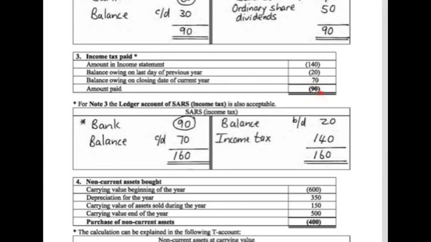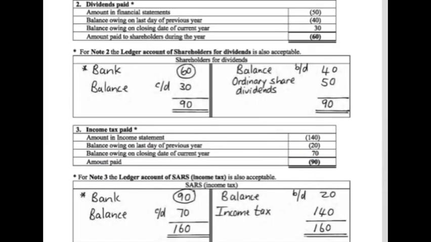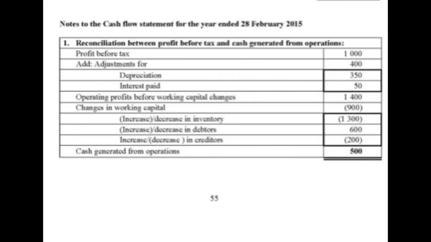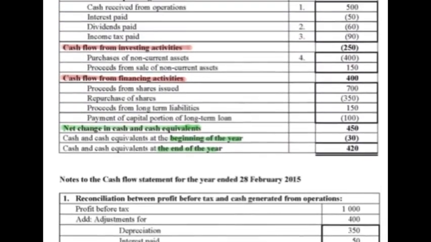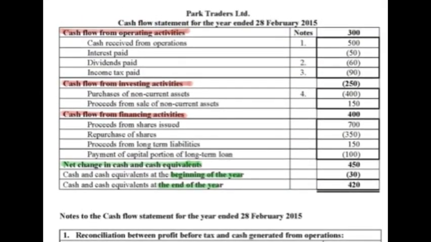In both of these instances, the amount paid is then the amount to be taken back to the face of the cash flow statement. And then you are done with your operating activities. So I add it all up, everything in the block, and I get one total for the operating activities.